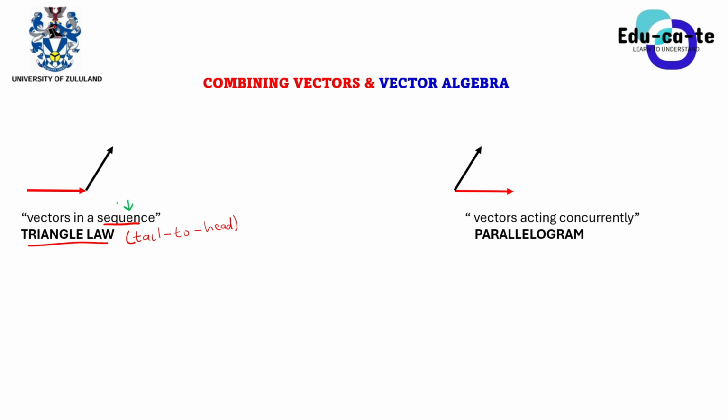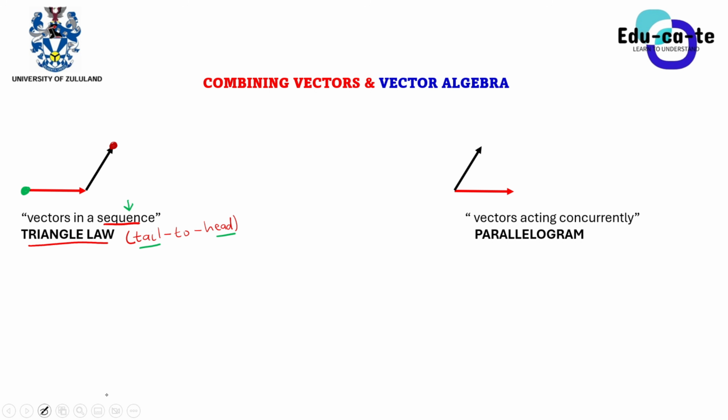To apply the triangle law, you have to move from the tail of the first vector to the head of the last vector. Look at this red vector, that is the first vector. You move from its tail, and then you move to the head of the last vector. In this case, this is the second and last vector, so this is the head of the last vector.